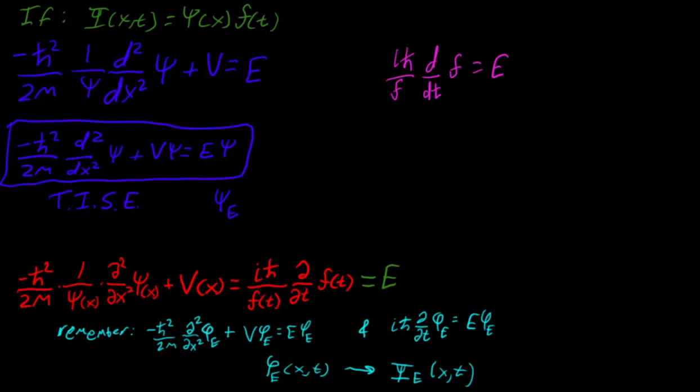And, in fact, we can solve this differential equation. If I rewrite it like this, i h bar d by dt f equals E f, and then I write d by dt f equals, and now when I divide by i h bar, this is E over i h bar. Although, if you remember, dividing by i is the same as multiplying by negative i.